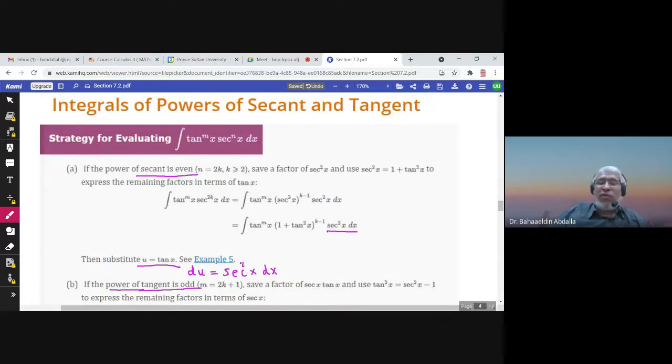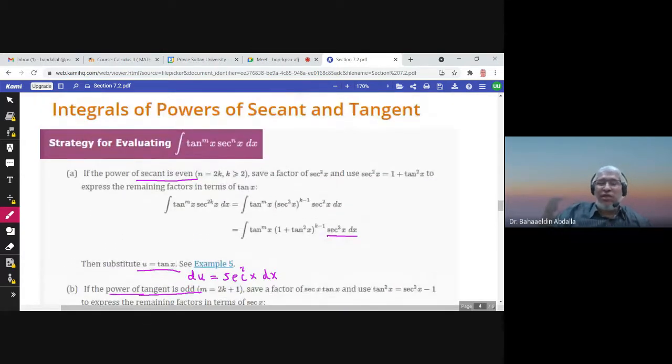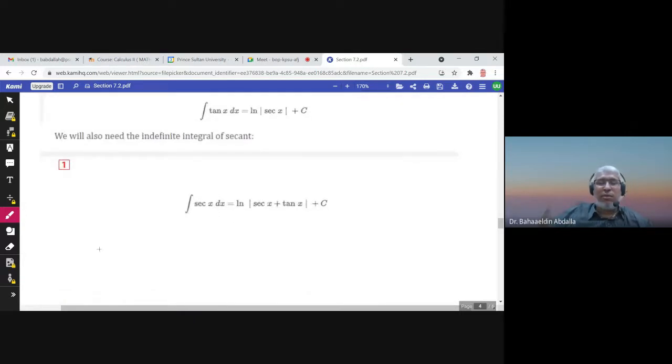Now, if the power of secant is not even and the power of tan is not odd, so we have something like the integral of secant cube, because if the power of secant is even, I can use strategy 1, times tan square dx.